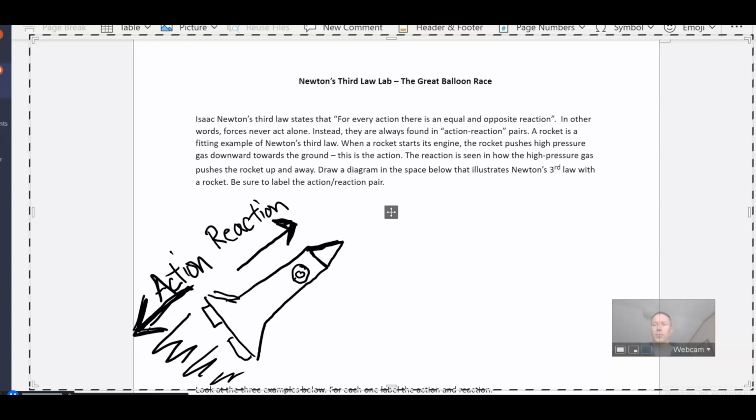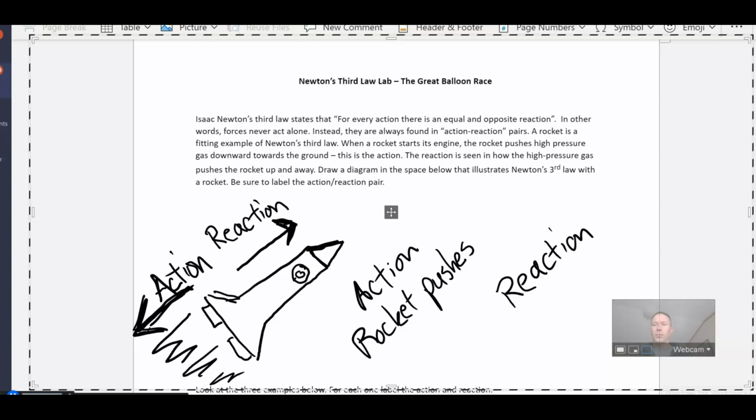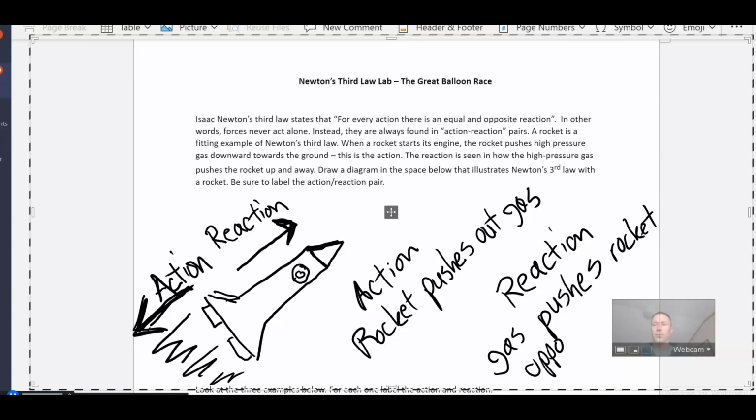All right, let's write that over here. We're just going to make ourselves a little note. Action and reaction. So the action is the rocket pushes out gas, and the reaction is that the gas pushes the rocket in the opposite direction.